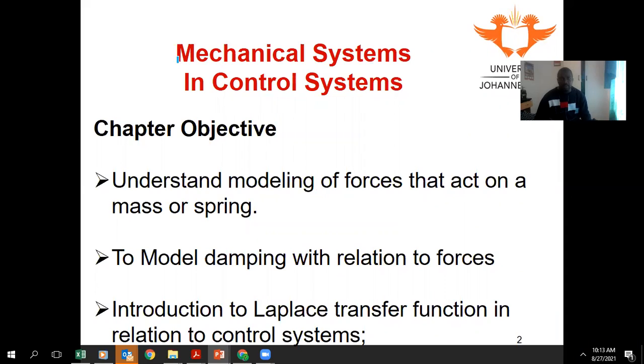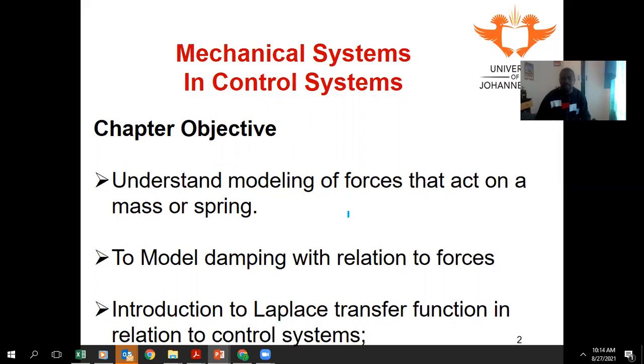As I promised, we're going to look at mechanical systems. The objective of the chapter is to make you understand the modeling of forces that act on mass or spring, and damping with relation to forces as well. Damping is more like artificial friction.